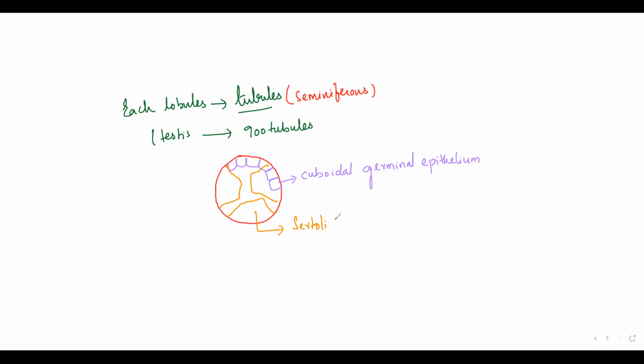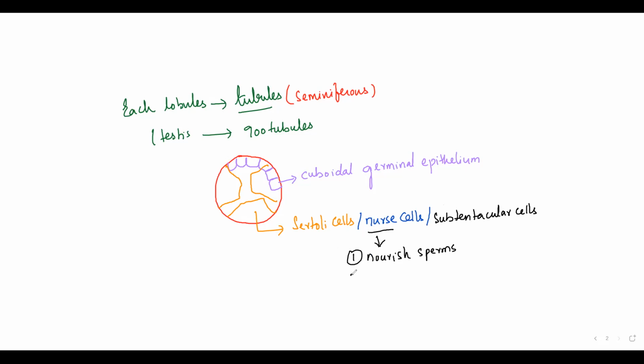These Sertoli cells are otherwise called nursing cells or nurse cells, or children, we can even call them sustentacular cells. They are nurse cells because they nourish sperms.